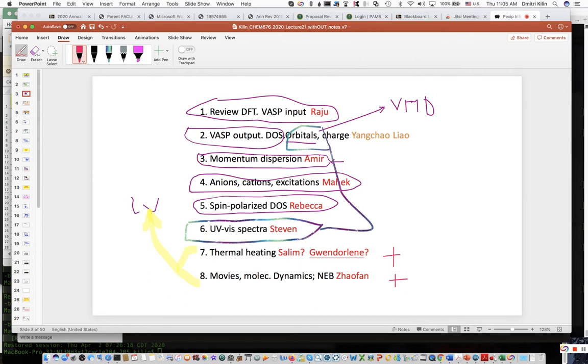The only sections that are not covered are momentum dispersions, anions, cations, and spin polarized density of states. So the class materials are going ahead of the slides. The material on spin polarization was already presented in class.